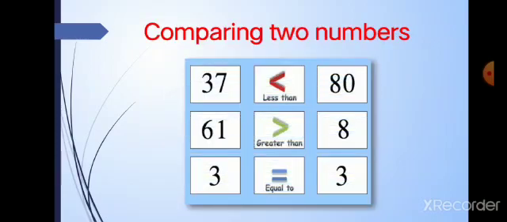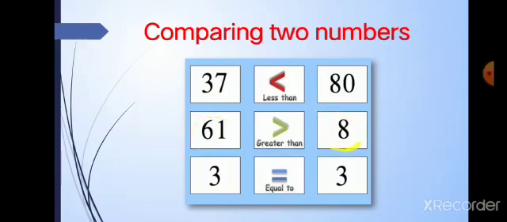Now there are more examples of comparing two numbers. The first number is 37, which is compared with 80. So think about it. 37 is less than 80, or we can say 80 is greater than 37. Second example, 61 and 8.